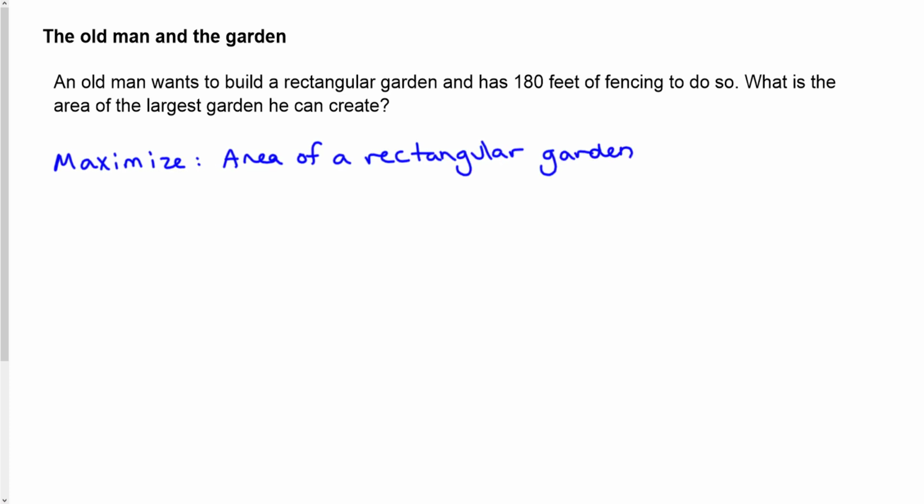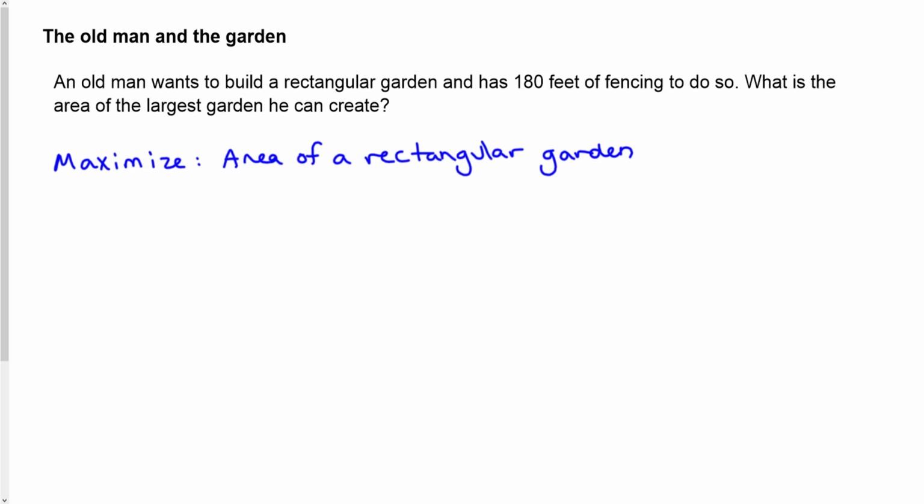Notice I'm really writing out everything here because a lot of times I have students who say, I come to a word problem and I just don't know where to begin. What I understand from that is they're generally trying to just pull numbers out of the problem and do something with those numbers, and that's just not going to cut it in mathematical modeling. You have to fundamentally understand your problem first.